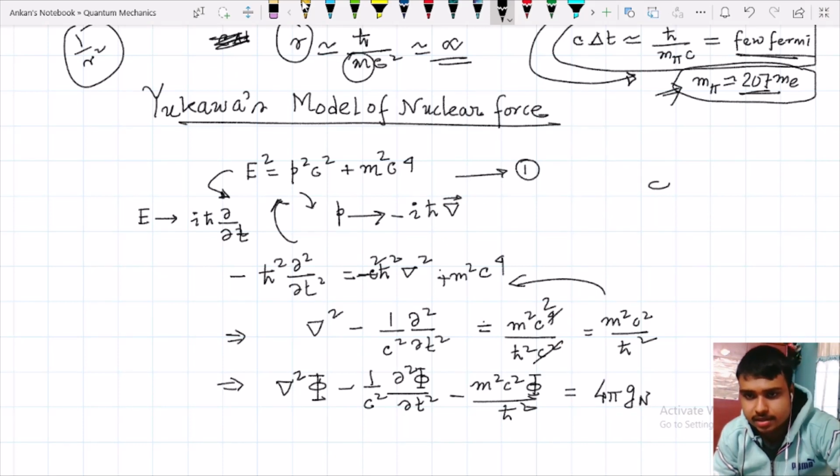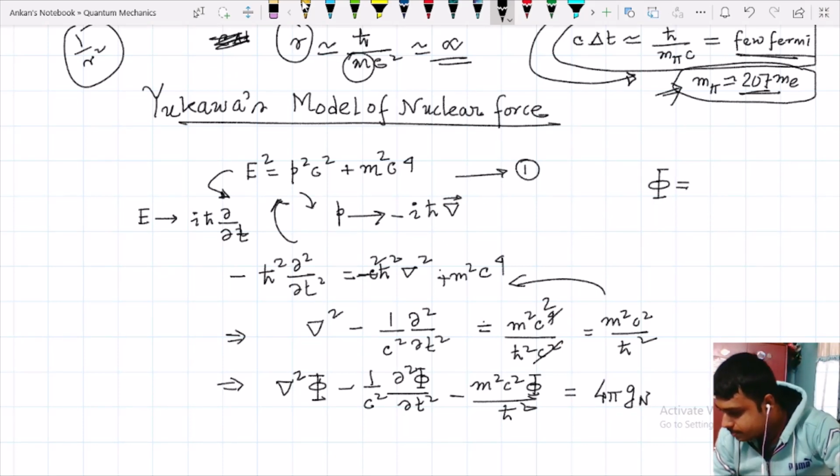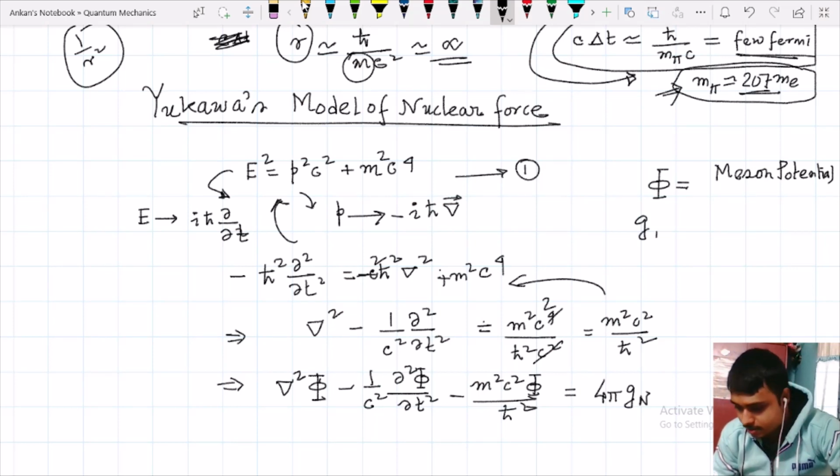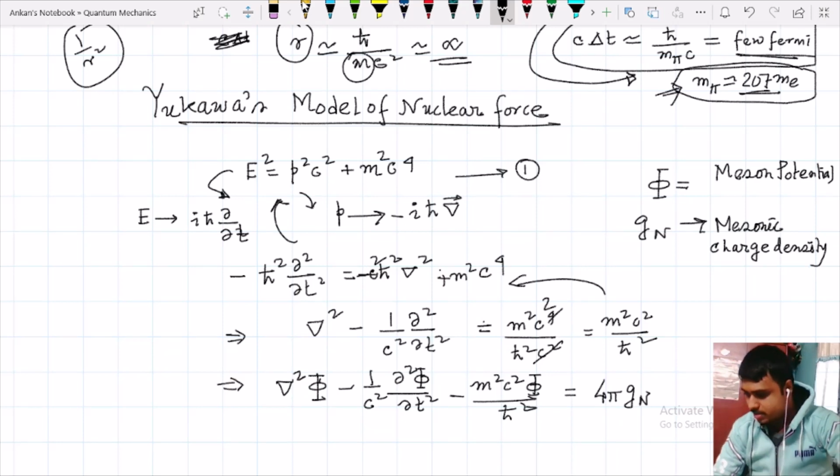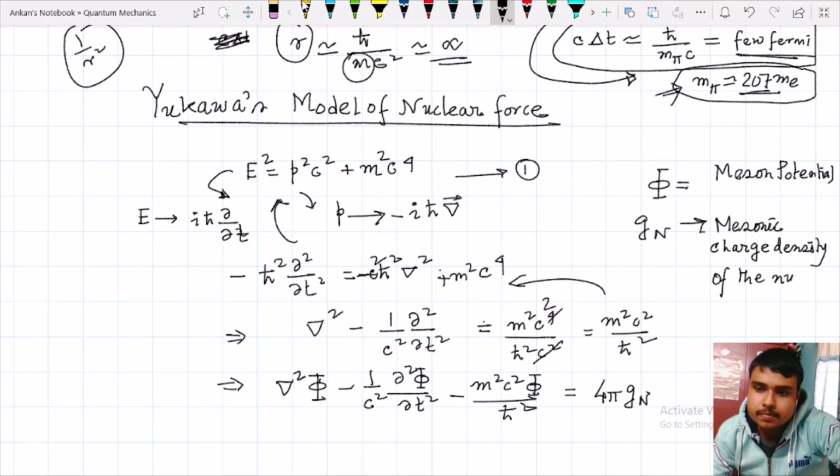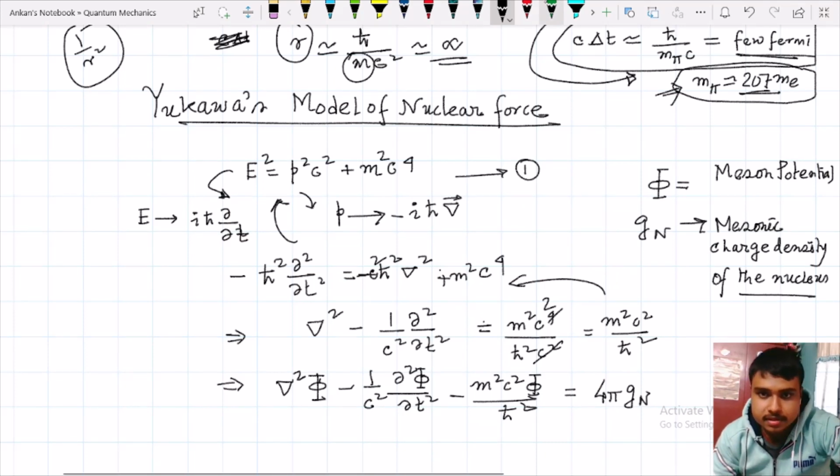Now what is phi here? Phi is the meson potential, and what is g n? g n is the mesonic charge density of the nucleus.